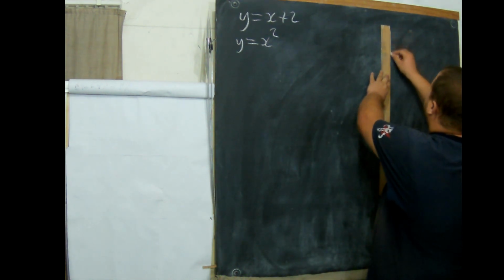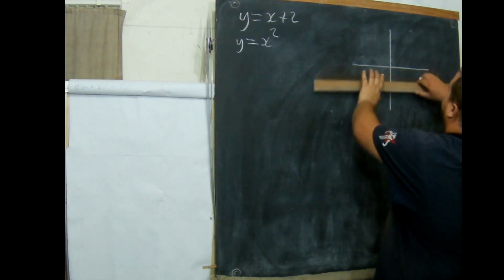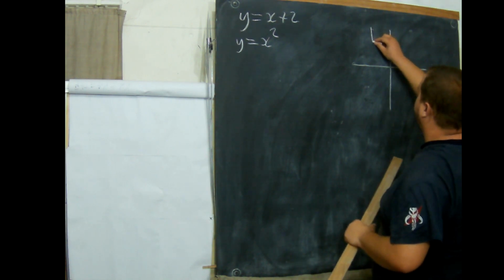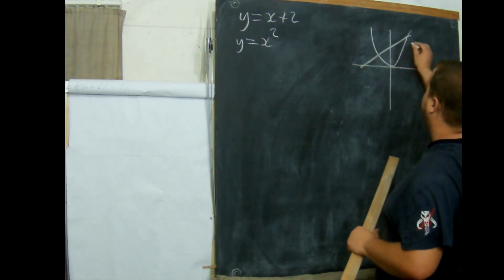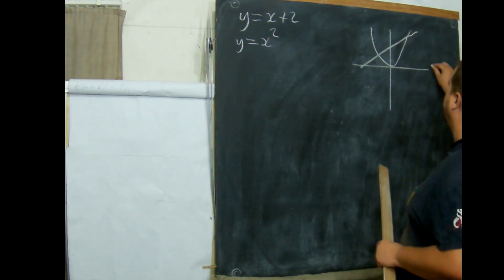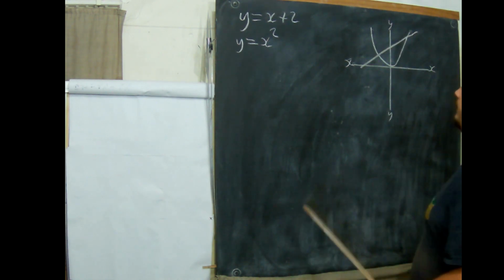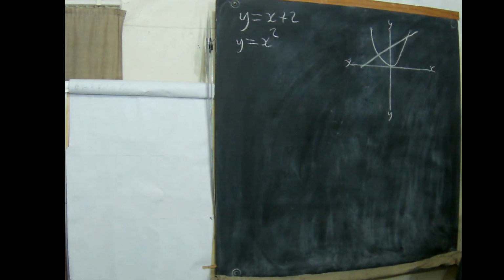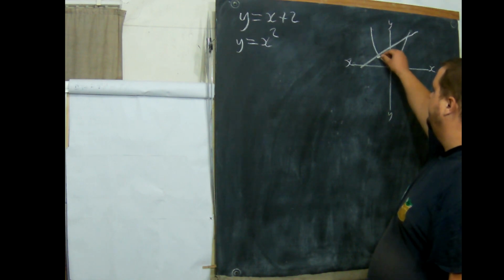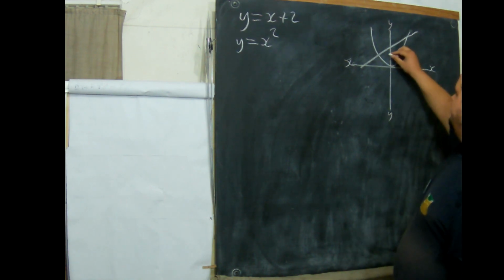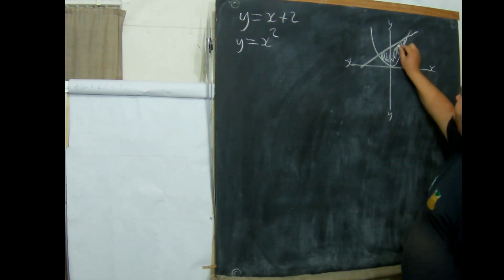Our graph will look something like this, and it's cut like so, with x and y axes. What we know from this graph is that we want this area bound on the inside here.